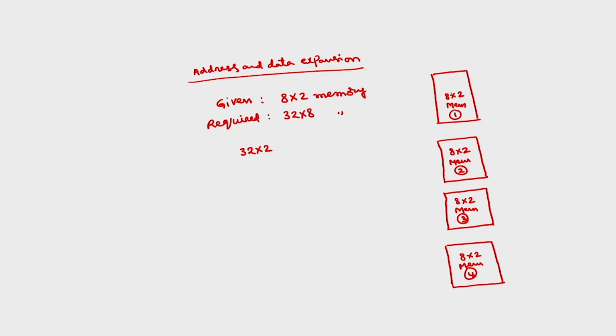Each one has 8 locations, and 2 raised to the power of 3 is 8, so 3 bits of the address bus. A2 to A0, you have to connect to A2 to A0 of all the memories.